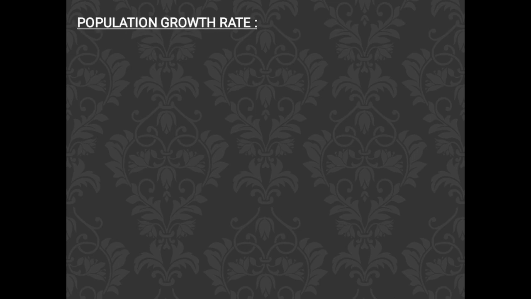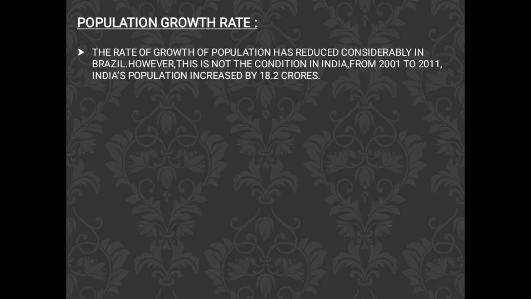We will study about population growth rate. The rate of growth of population has reduced considerably in Brazil. However, this is not the condition in India. From 2001 to 2011, India's population increased by 18.2 crores.